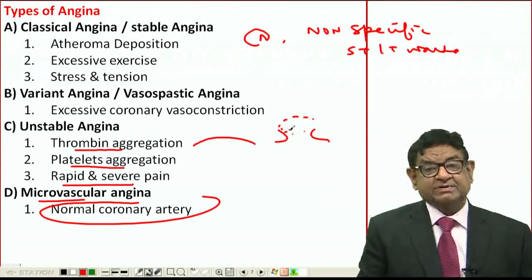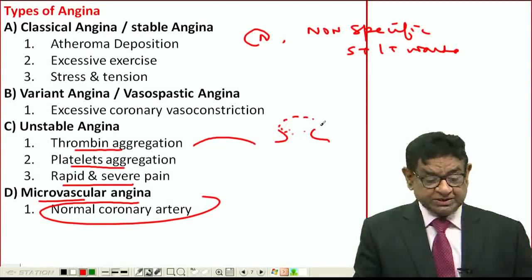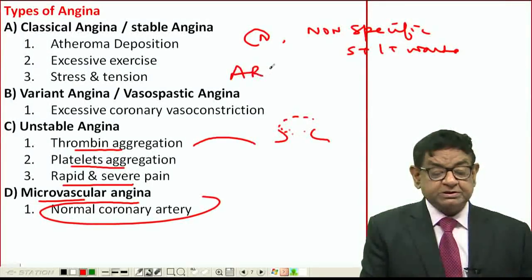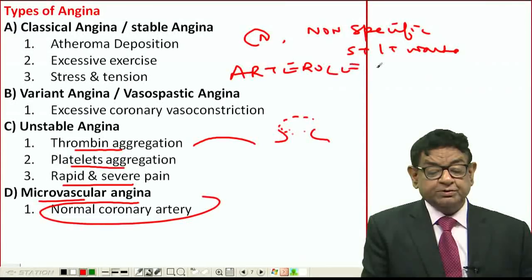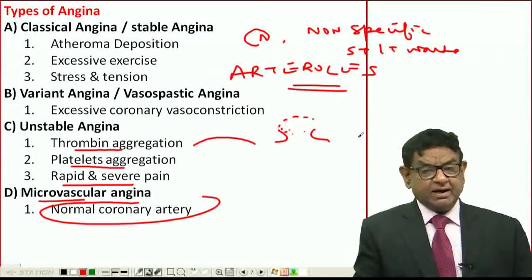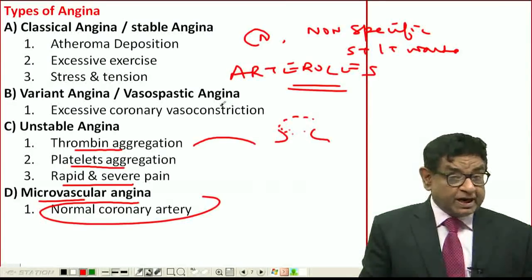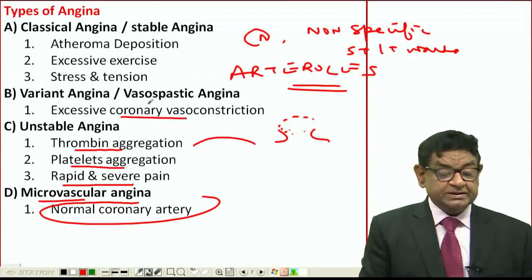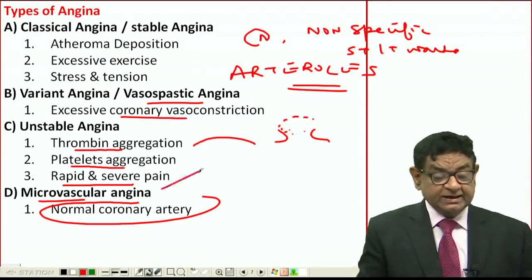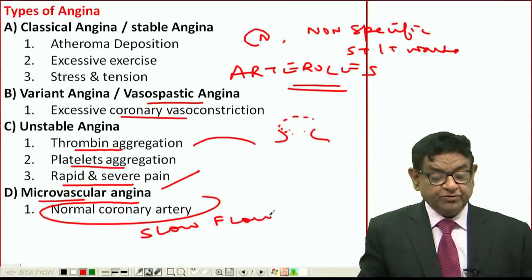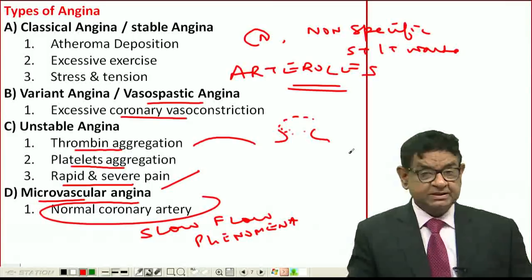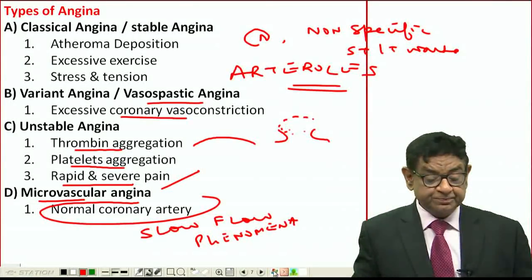Remember, patient still has angina, a pain chest on exertion. This is due to arterioles. They go into spasm. Myocardial arteriole go into spasm is microvascular angina, and if the coronary artery go into spasm, this is so-called Prinzmetal angina. And this is also known as slow flow phenomena. Patient has pain chest, but with normal angiography.